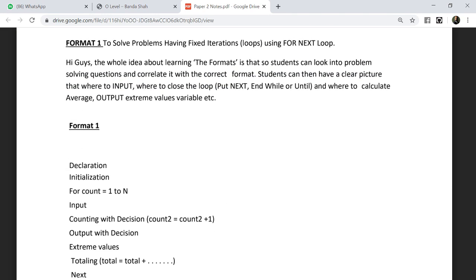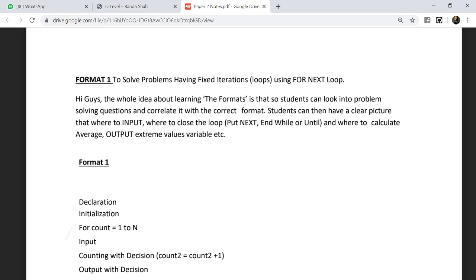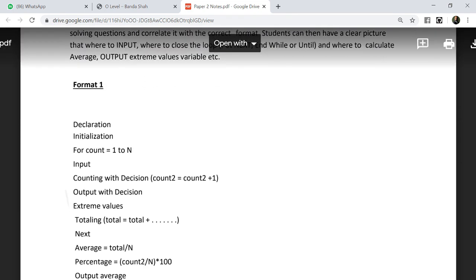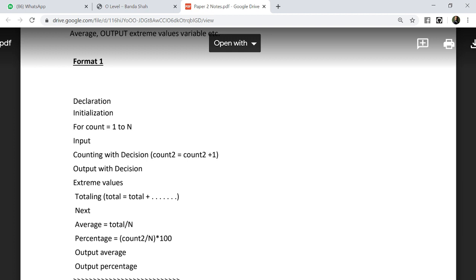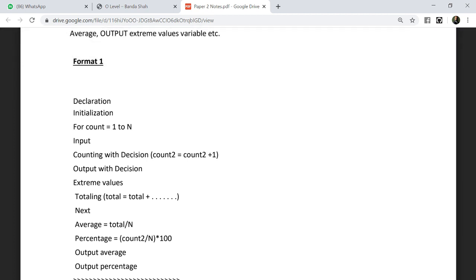Now the main concept, the difficult part, the most feared topic is pseudocodes, and we have already discussed this. Let's have another look at format one.